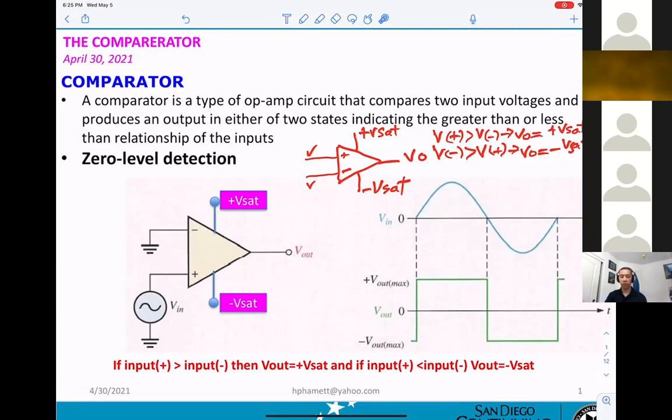So when you're looking at any circuitry using the op-amp, this is the op-amp here, we need to recognize: is it the amplifier or the comparator? How do we know it's a comparator?